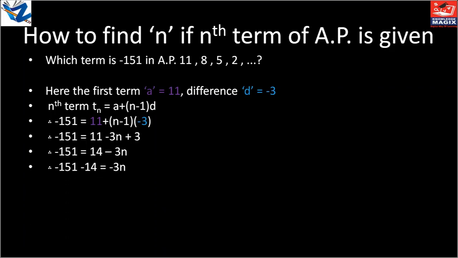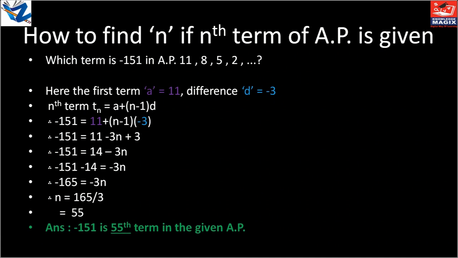Therefore, minus 151 minus 14 is equal to minus 3n. Therefore, minus 165 is equal to minus 3n. Therefore, n is equal to 165 upon 3, is equal to 55. Answer: minus 151 is 55th term in the given AP.